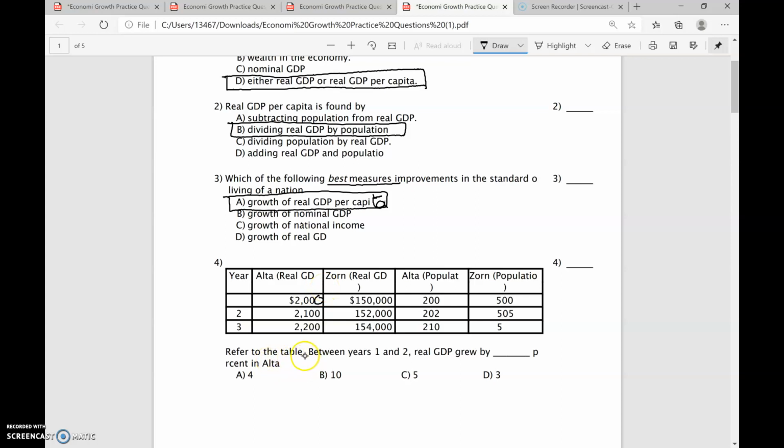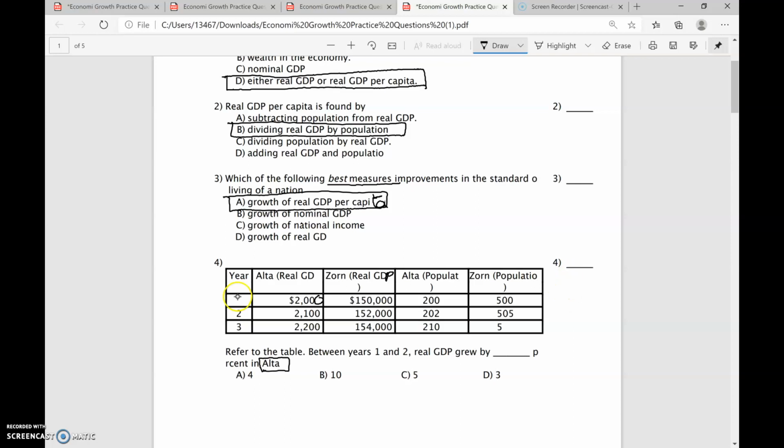It says refer to the table, between years 1 and 2, real GDP grew by how much? So this is asking us between years 1 and 2, real GDP grew by how much in the economy of Alta.